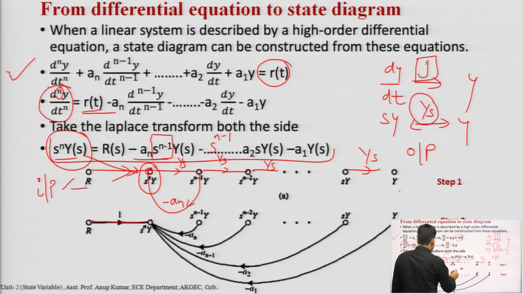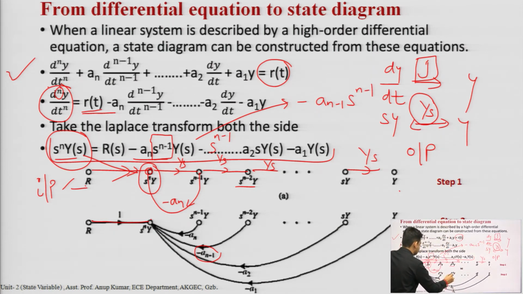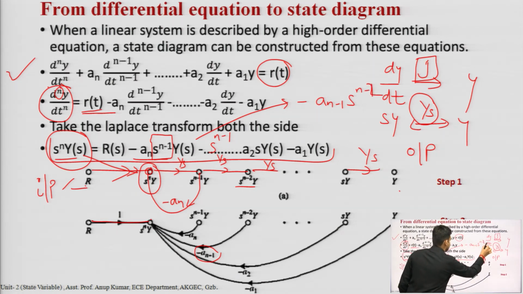Now, I need to obtain the s^(n-2) coefficient, which is minus a_(n-1), and it would be present here. After that I write minus a_(n-1) s^(n-1), so this is n-2, and this n-2 coefficient has minus a_(n-1).